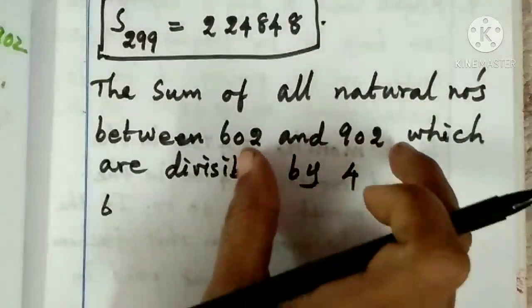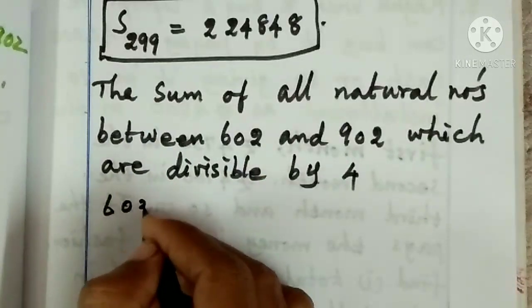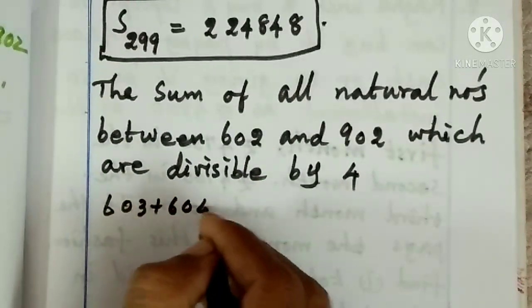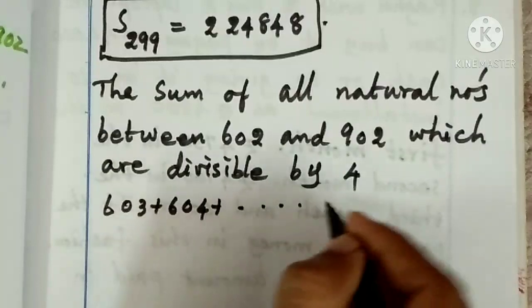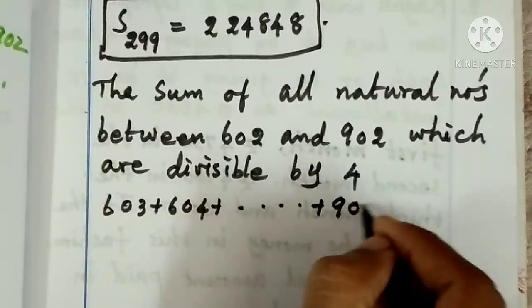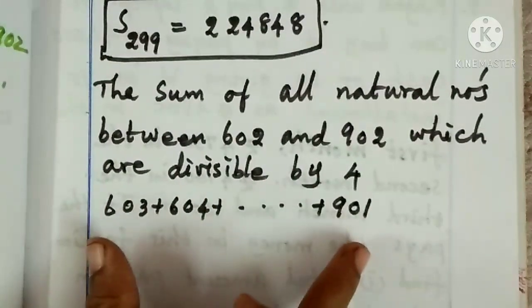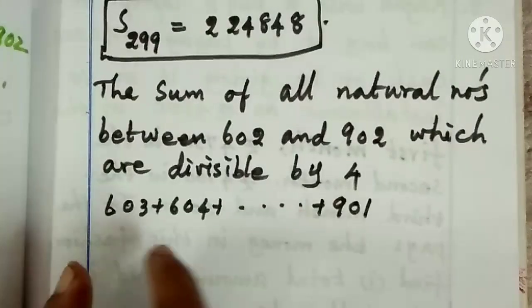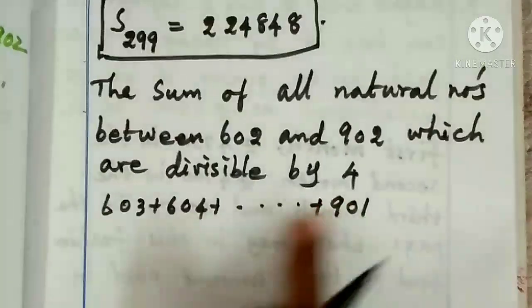That is, we have the numbers in between, 603 plus 604 up to plus 901. From this we have to find the numbers which are divisible by 4.